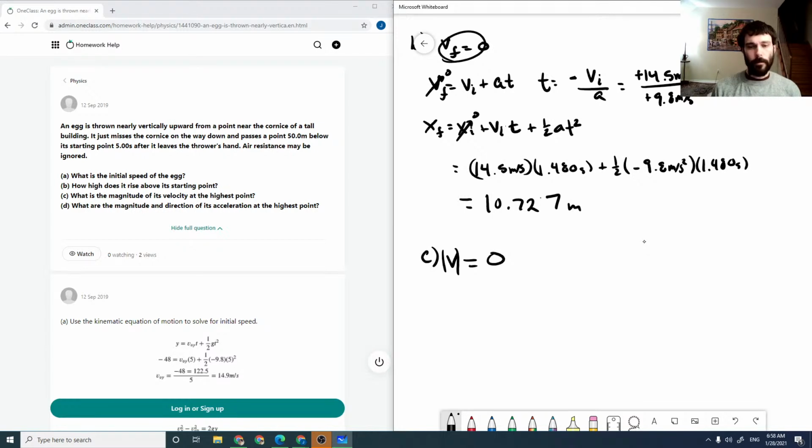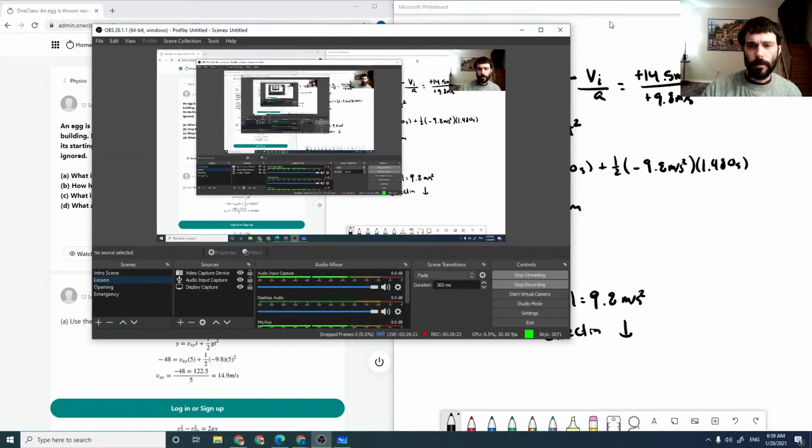So v is 0, and the magnitude and direction of its acceleration, well, a is minus g, so its magnitude is 9.8 meters per second squared, and its direction is downward.